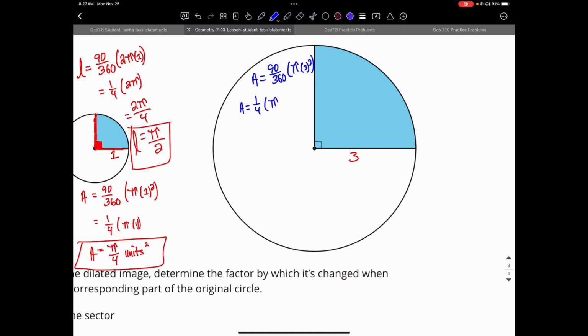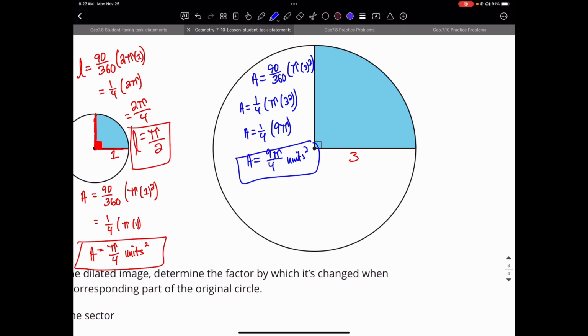Our radius squared, that's 3 squared, which is going to be 9 pi, right? So then the area would be 9 over 4, or I'm sorry, 9 pi over 4. And then, of course, that's units squared.